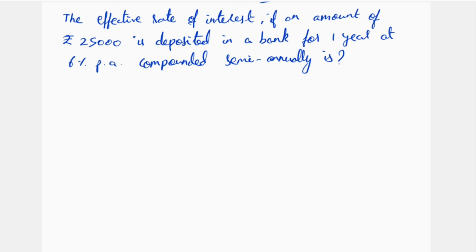Effective rate of interest if an amount of 25,000 is deposited in a bank for 1 year at 6% per annum compounded semi-annually is what?